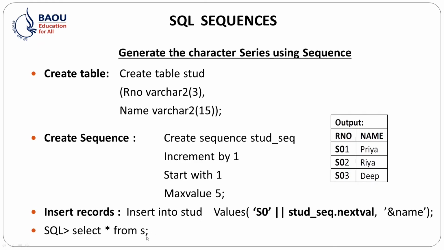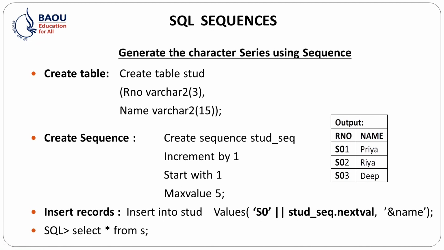This is stud, by mistake. This is the student table. Here the output is SO1, SO2, SO3. SO is a fixed character, and 1, 2, 3 is generated by the sequence dot next val. So, the pipeline joins them together.